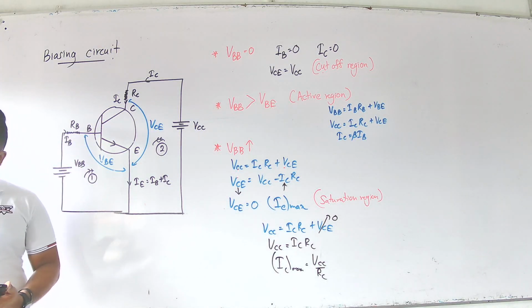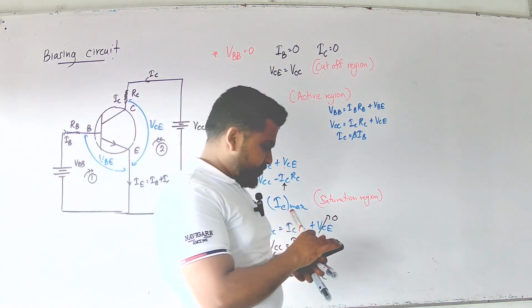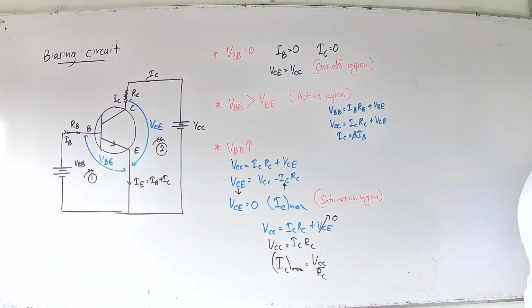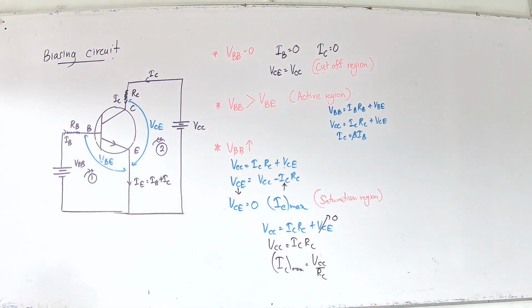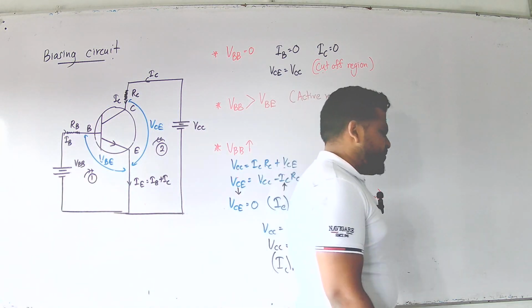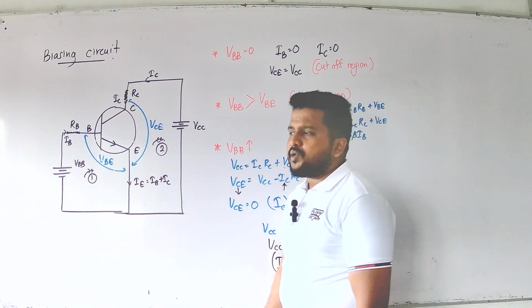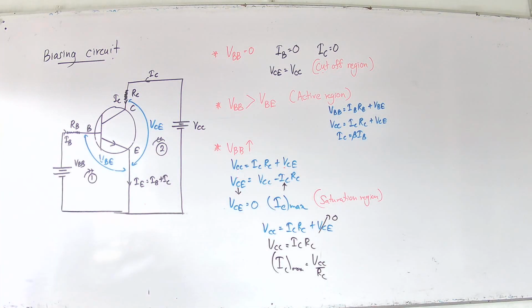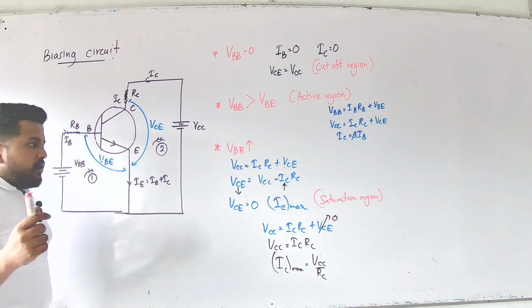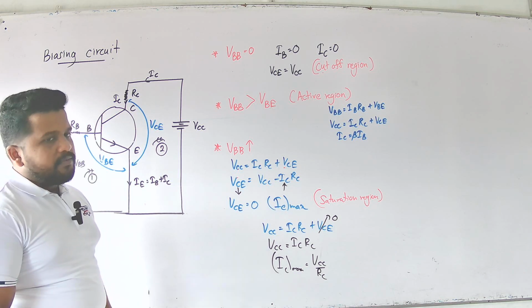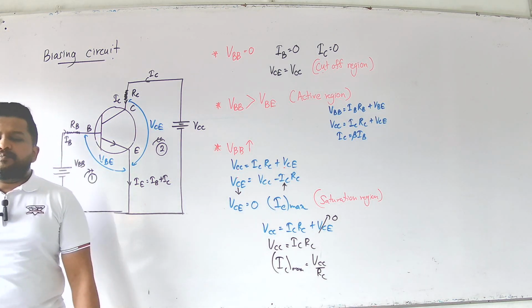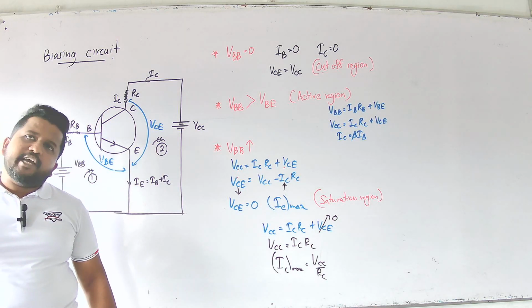Write down: when we increase VBB furthermore, after reaching the saturation region, IC is in maximum value, that is not changed.